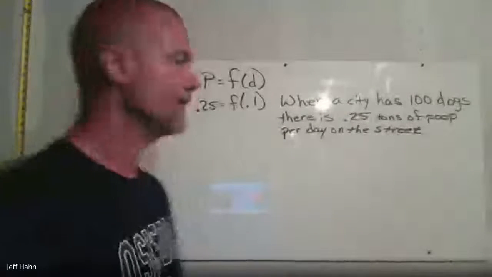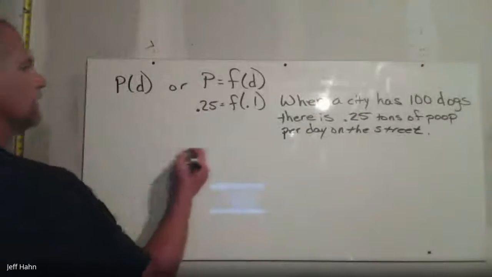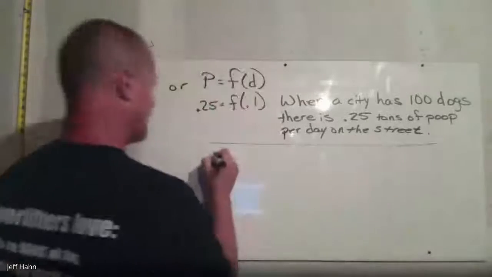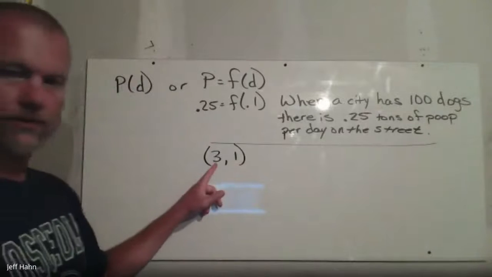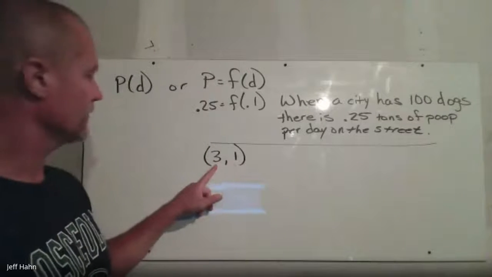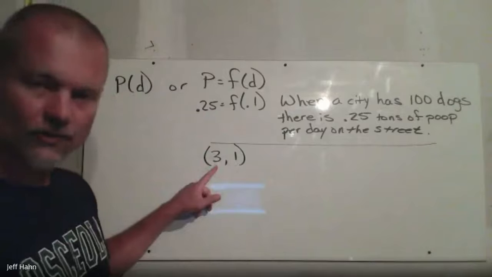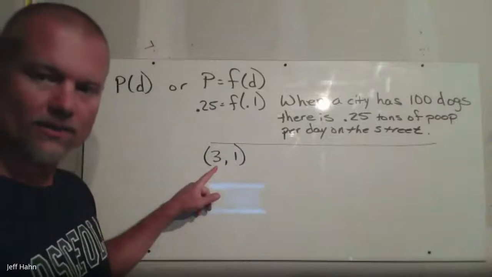The next one is we got to interpret 3, 1. So here's that part. Now we have an ordered pair, 3, 1. Well, we know that this means input, and we know that's going to be the output. So the input was D. D is thousands of dogs. So I take 3 times 1,000.